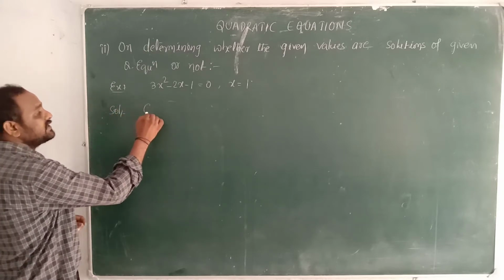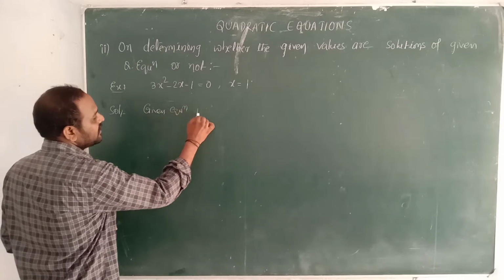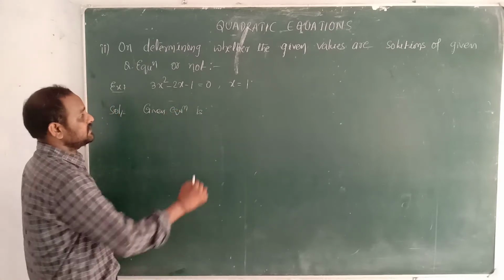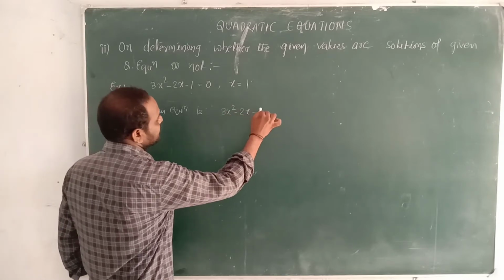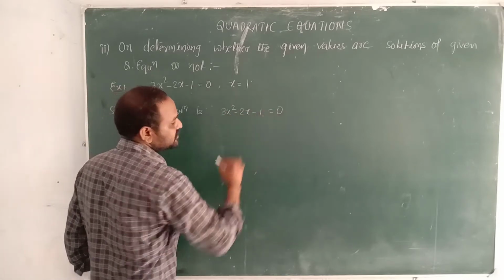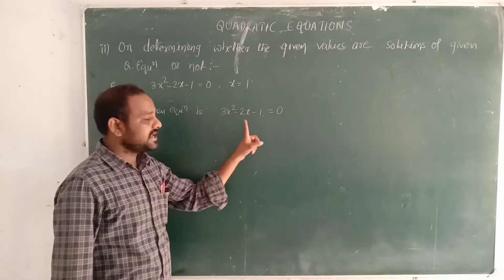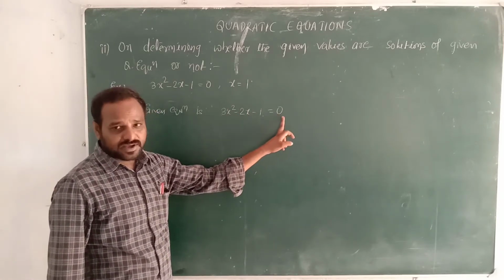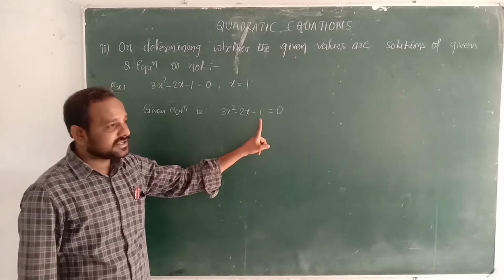Solution. The given equation is 3x square minus 2x minus 1 is equal to 0. From this equation, 3x square minus 2x minus 1 is the LHS and this 0 is the RHS. Now we take x is equal to 1. We take the LHS, 3x square minus 2x minus 1.